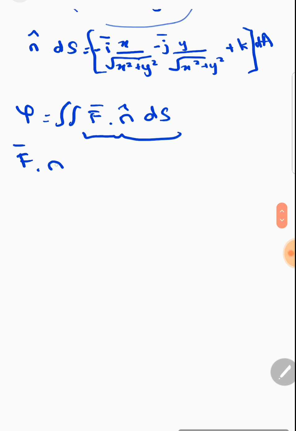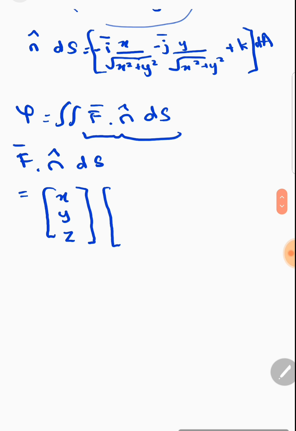I want to get F dot n cap dS, and I can express this in terms of, what's my F? My F is actually x, y, and z.